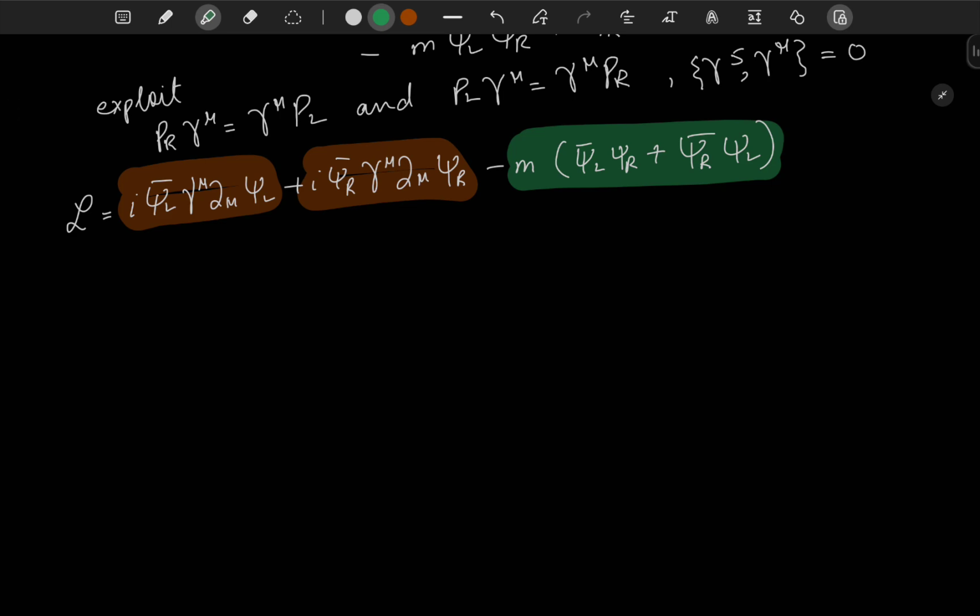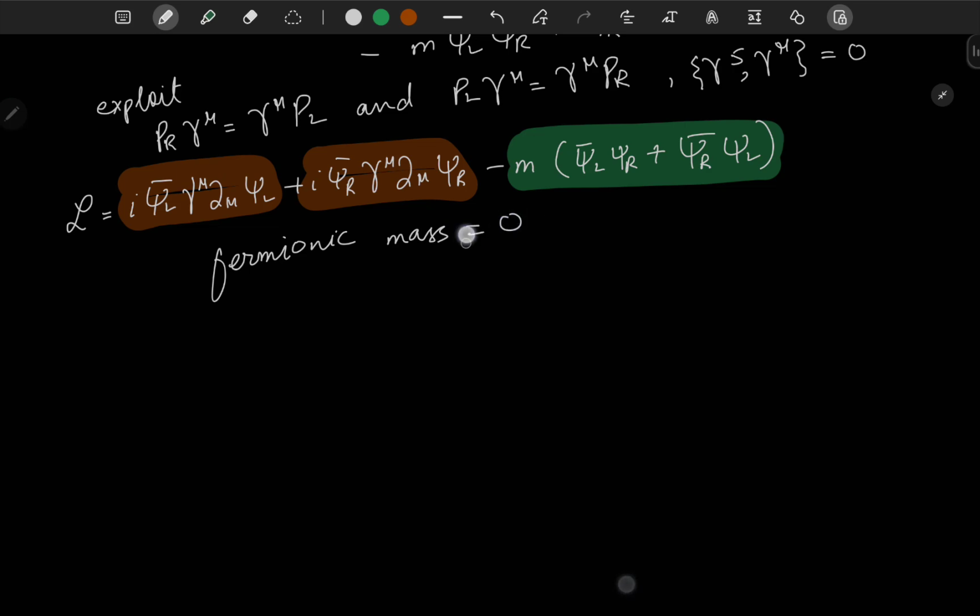Okay, so in order to develop the electroweak Lagrangian, we will assume that the fermion mass is equal to 0.